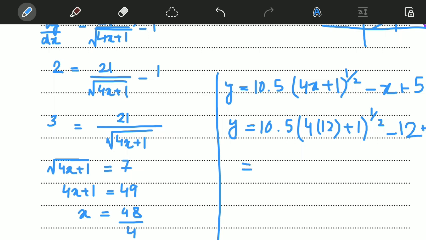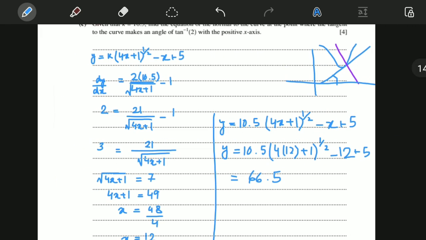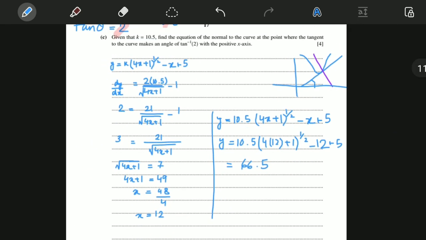Solving this all with a calculator, it is 66.5. Now we got x and y coordinates for the point of intersection, or the point at which we have the tangent and the normal. So now by using this point and the gradient, we will find out the equation of the normal.